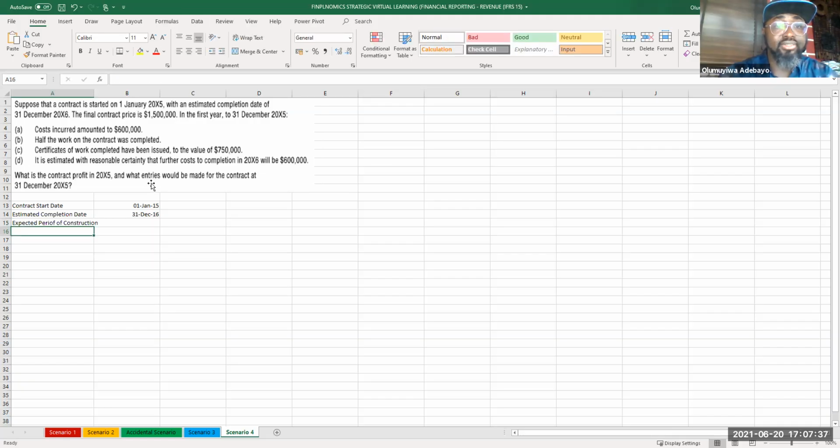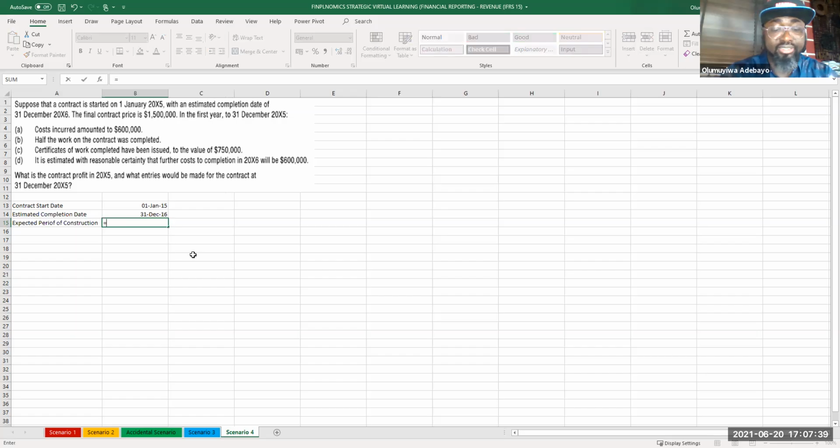Remember, I can use exact dates, the difference between these two dates in years. Y stands for year. It's telling me 1 year, no?